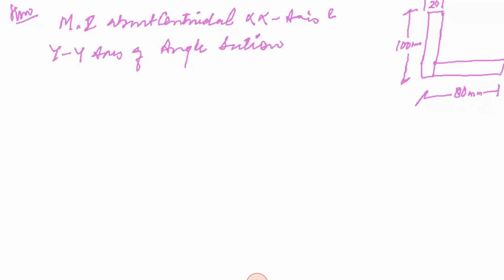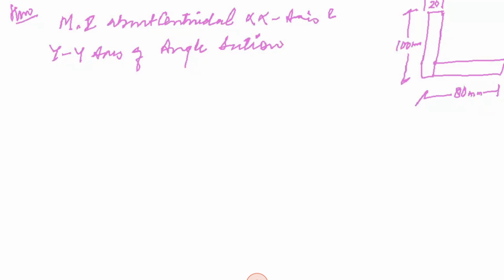Now you can see that you have to calculate it in both the axes. You don't have any symmetry. You cannot say that this section is symmetrical about one of the axes. Here you have to calculate Ixx and Iyy, in both the axes.